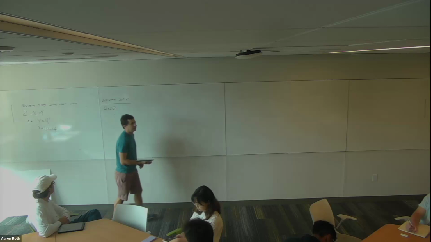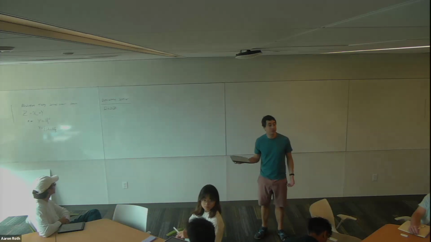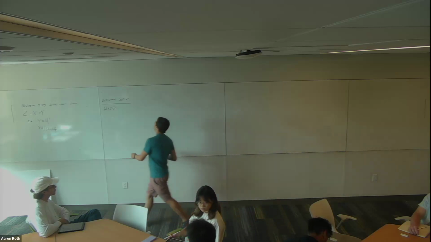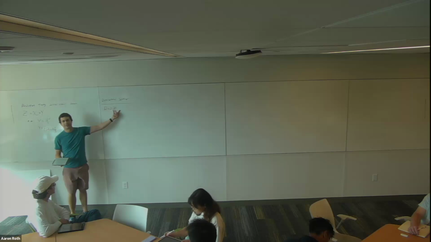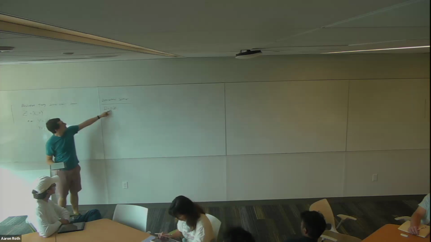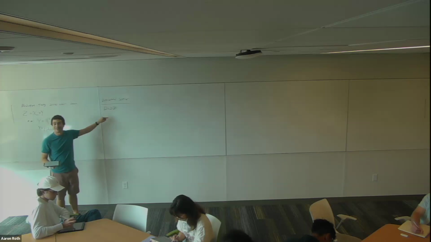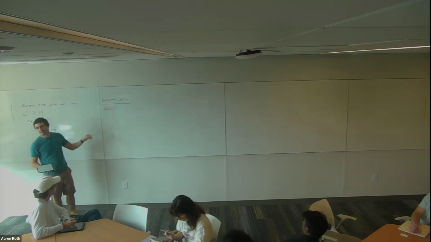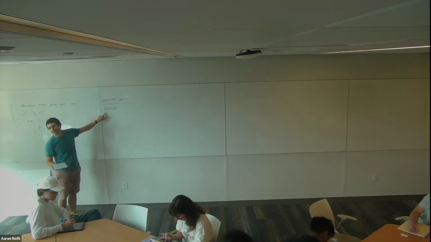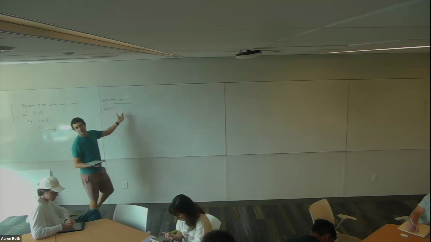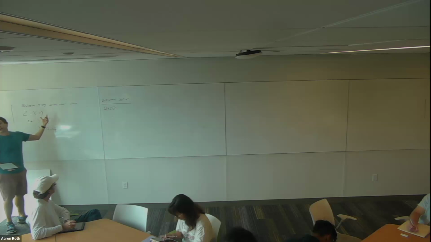Just to explain some notation that I'll be using quite frequently: if I've got some set of elements like fancy Z, and I write this triangle in front of it, which maybe you can read as the simplex over, this is the space of probability distributions over that set. So if I have a distribution fancy D that is in the simplex over the data domain, that's just some distribution over feature label pairs.